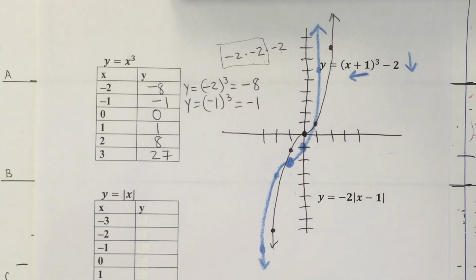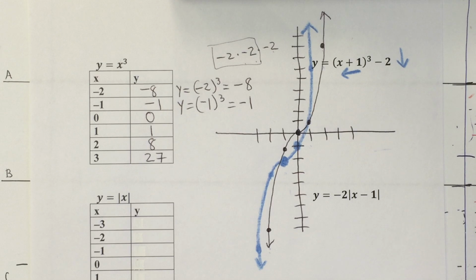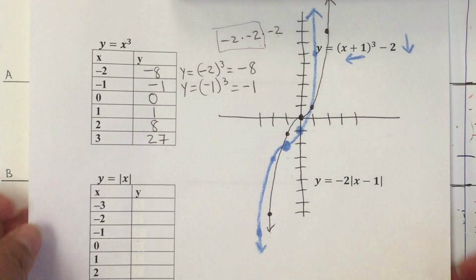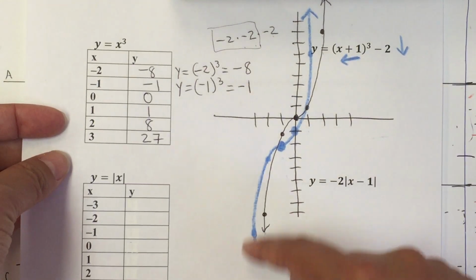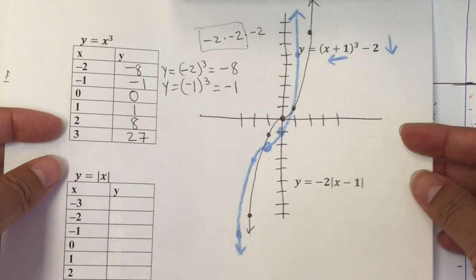Okay. And let me check to see if I have an extra one of this one, because, well, I guess I could do the graph down here. Hopefully that won't get you confused.